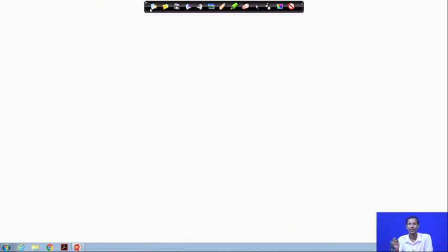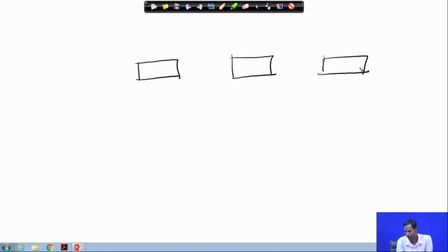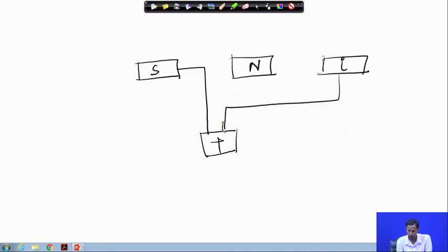So, what we have seen in the last class is that I am having 3 registers, S, N and I. Okay. And then I require one particular adder circuit, right. From where this S and I value is added and then it goes back to the corresponding S register.